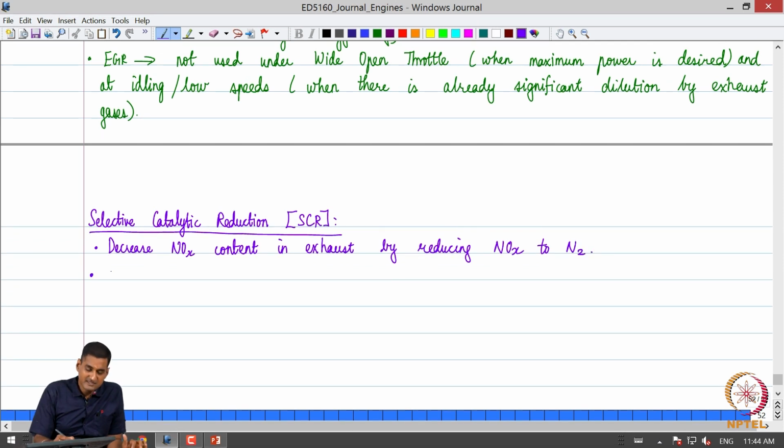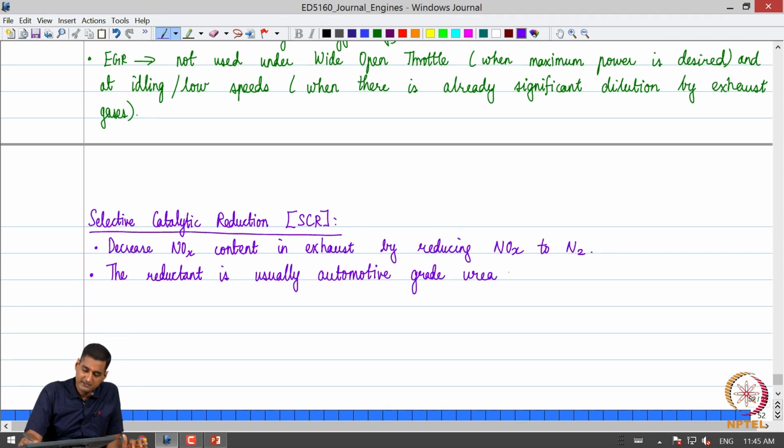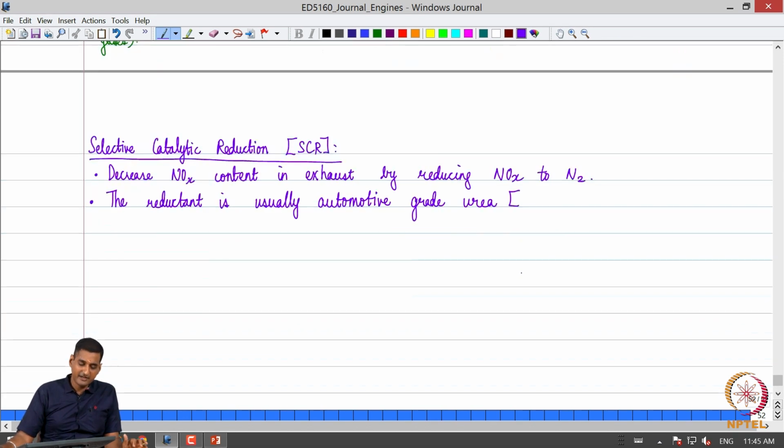In this process, the reductant, which is a chemical used in this process, is usually automotive grade urea. So, what is this automotive grade urea?